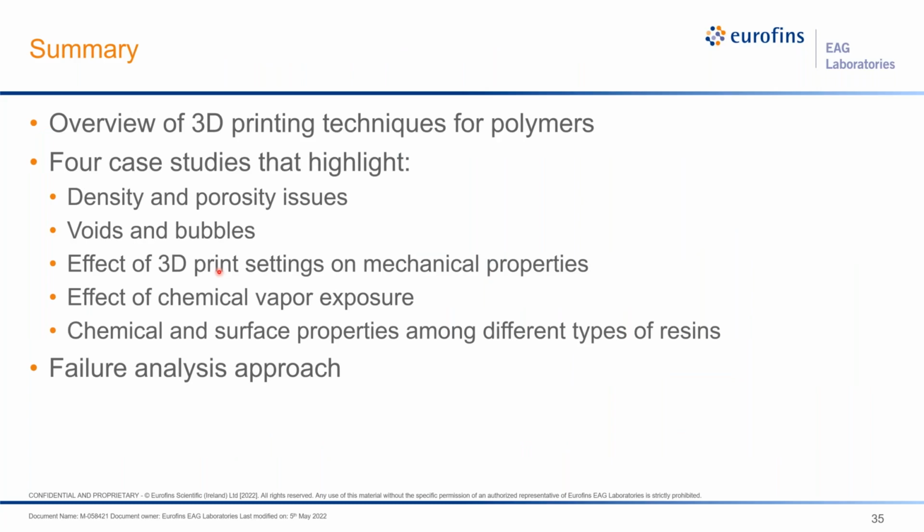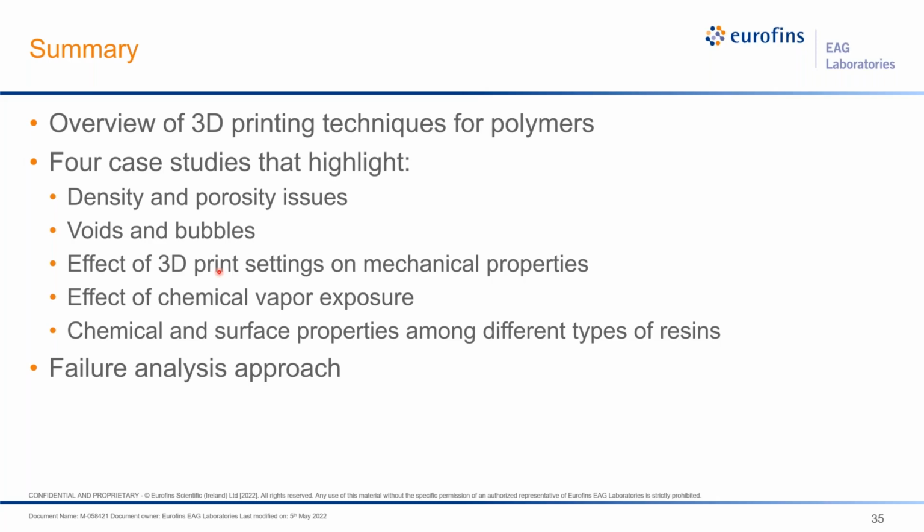Okay, so I hope you've enjoyed this presentation. We talked about different kinds of 3D printing techniques. I focused on 4 case studies that highlight issues with density and porosity and its effect on mechanical properties. We looked at an example where we had failure due to bad filament.